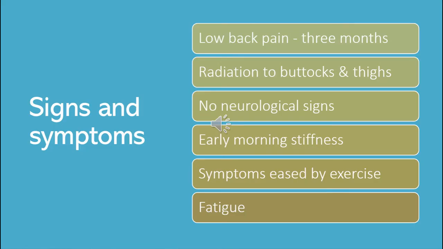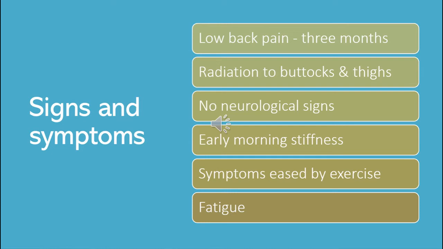The signs and symptoms of ankylosing spondylitis are sometimes very common anyway, so it can be difficult to spot them. So low back pain for 3 months, radiation to the buttocks and the thighs is not unusual, but not sciatic type pain. Ankylosing spondylitis doesn't tend to affect the spinal nerves.